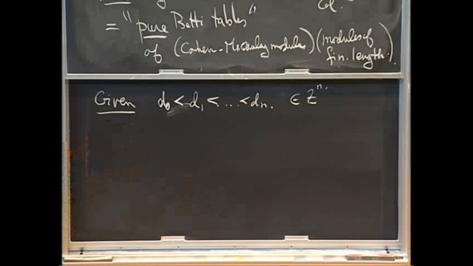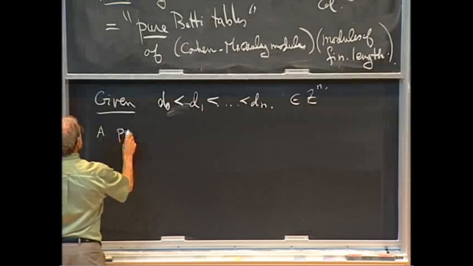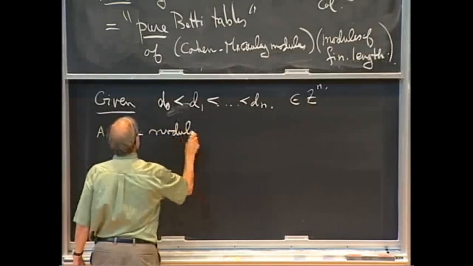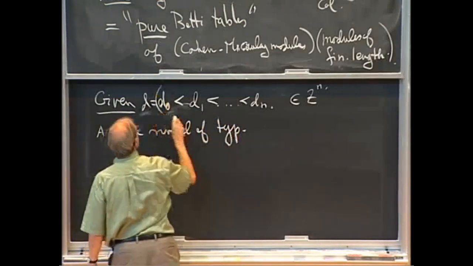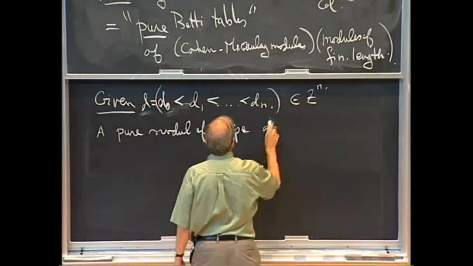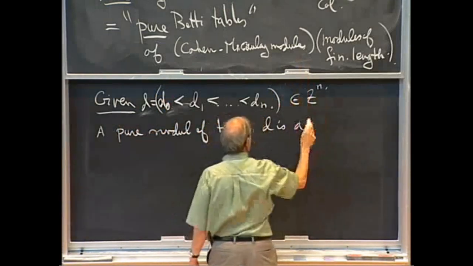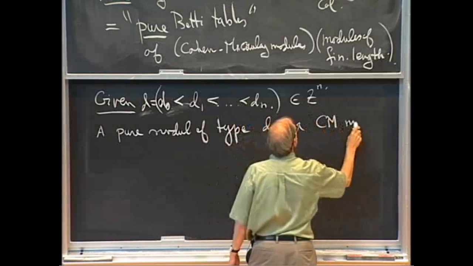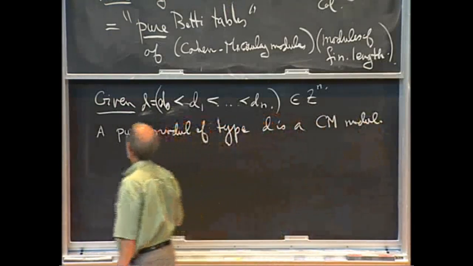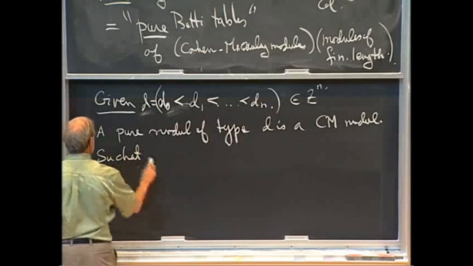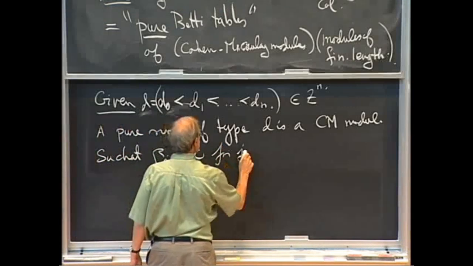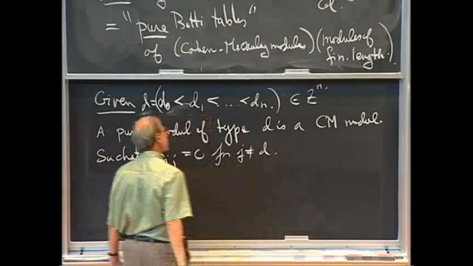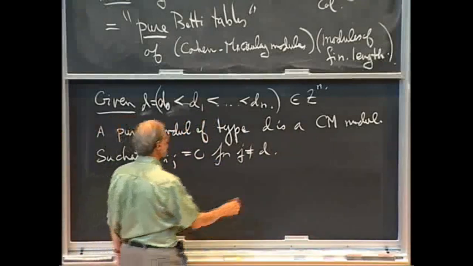And they could be any integers, positive or negative. A pure module of type, let's call this whole sequence D, of type D is a Cohen-Macaulay or finite length module such that beta_ij is 0 for j not equal to d_i, sorry.